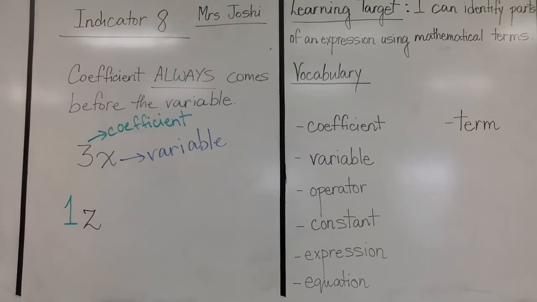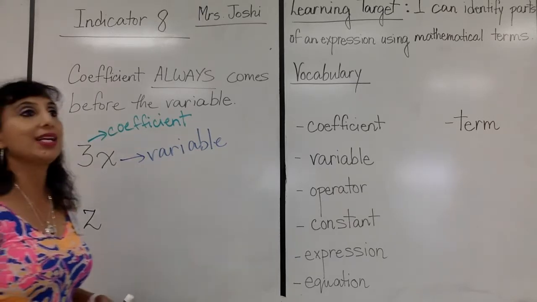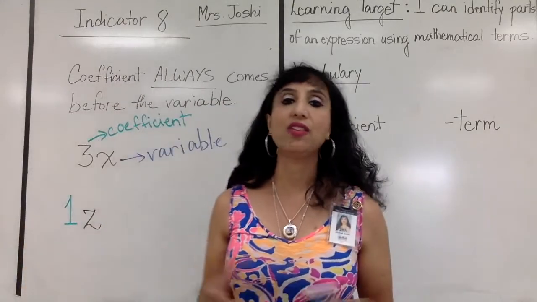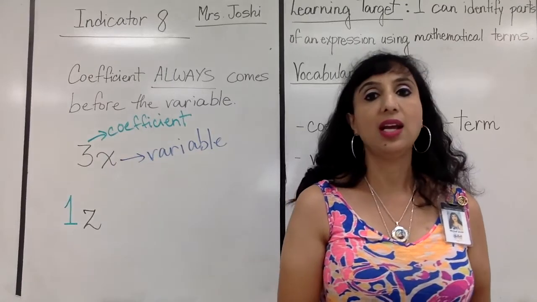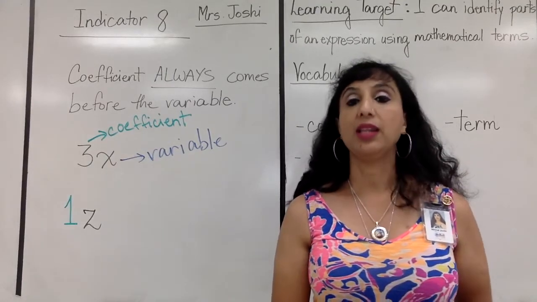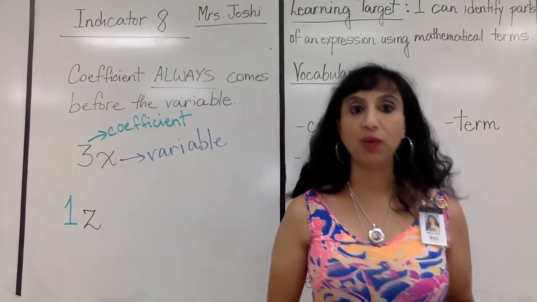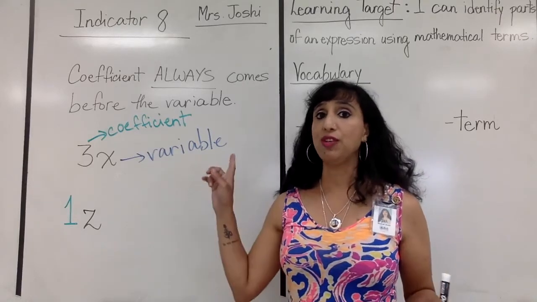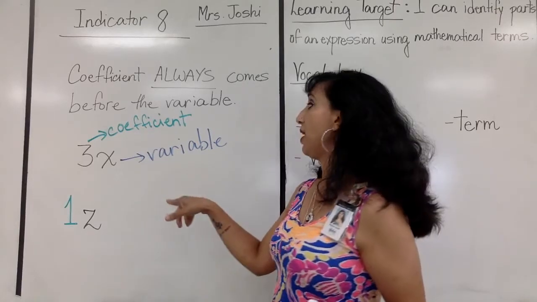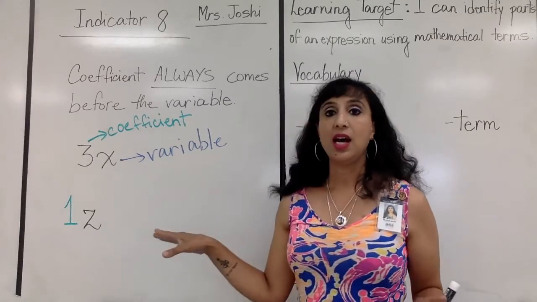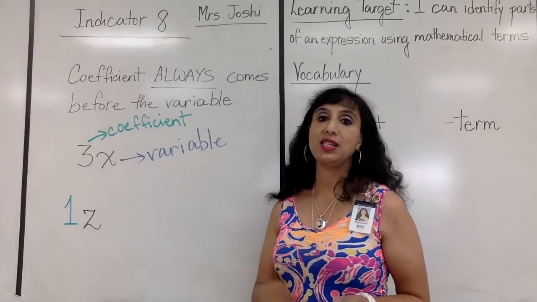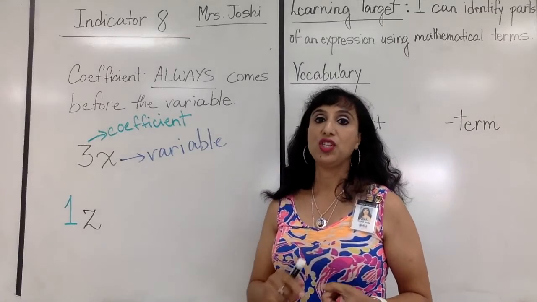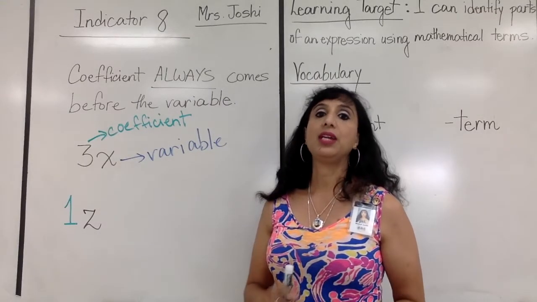Basically, a variable is a symbol for a number we don't know yet. It is usually any letter in the alphabet. A lot of times x, y, z is used, but any letter can represent a variable. So once again, coefficient always comes before the variable. If I'm saying 3x and you're asked which one is the coefficient and which is the variable, you would write coefficient is 3 and variable is x.